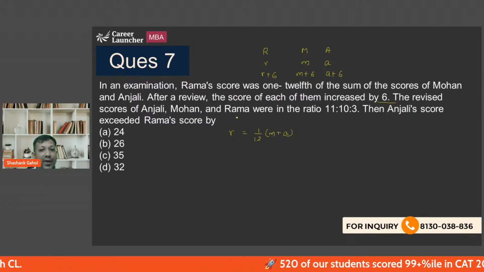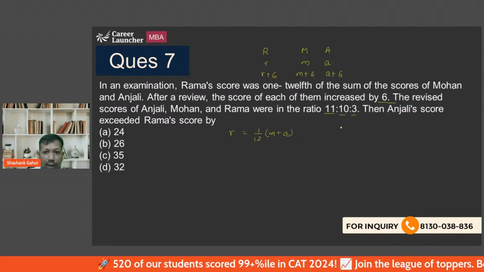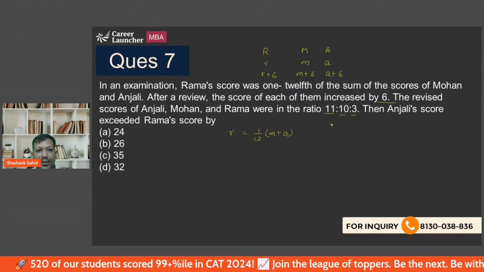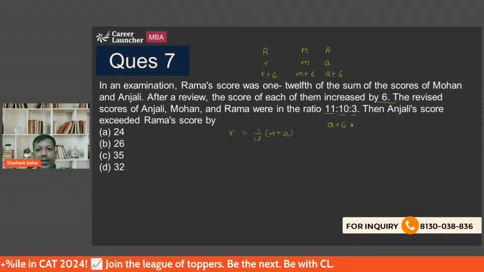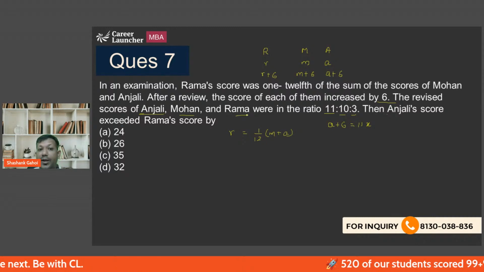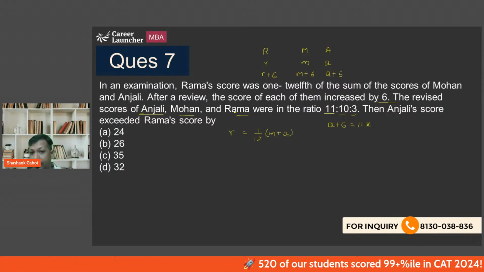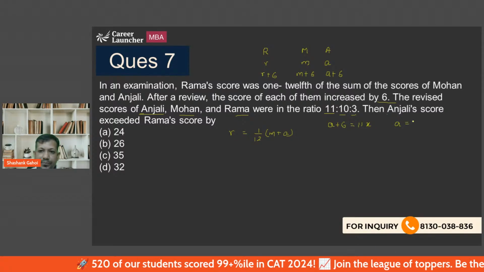Now these values are in the ratio of 11:10:3. It means I can say Anjali's score is A plus 6, and that is equal to 11x. Remember this: the question is giving the ratio of Anjali, Mohan, and Rama, not Rama, Mohan, and Anjali. So A can be said as 11x minus 6.